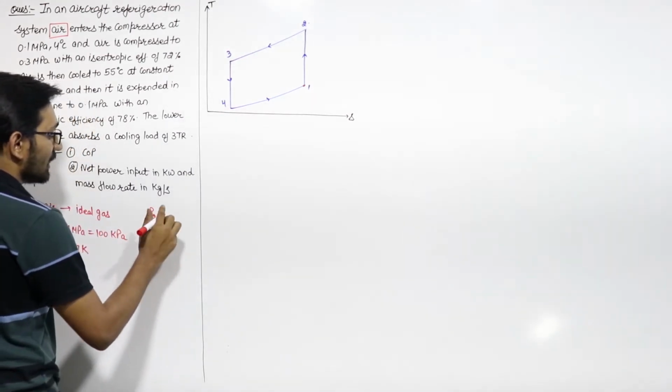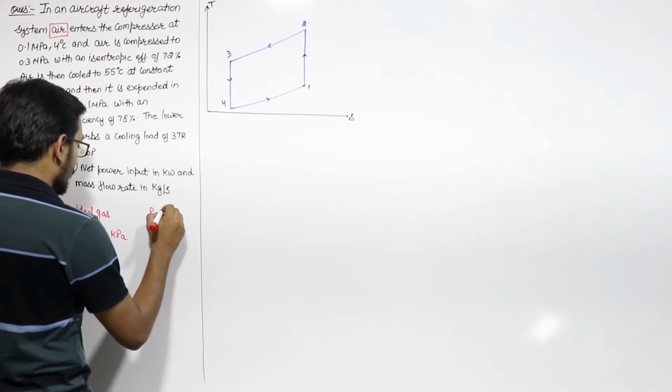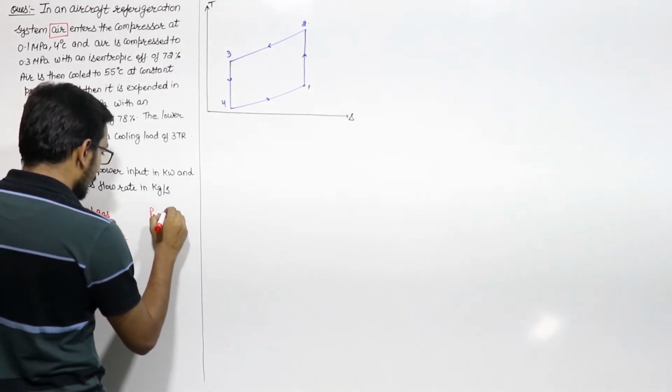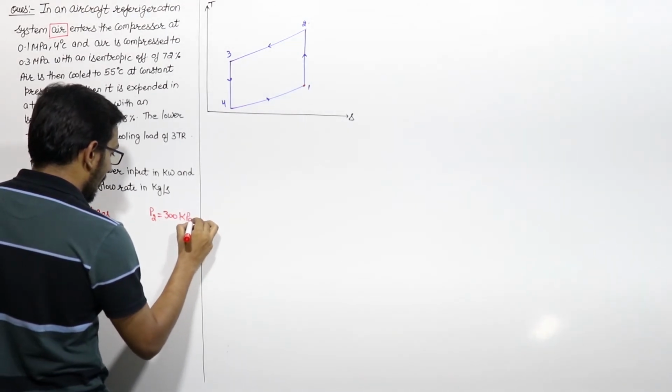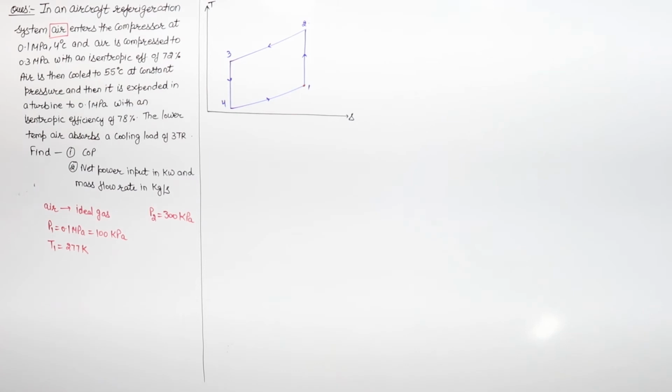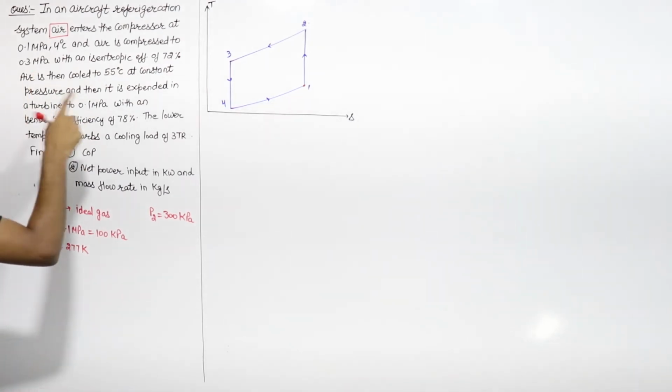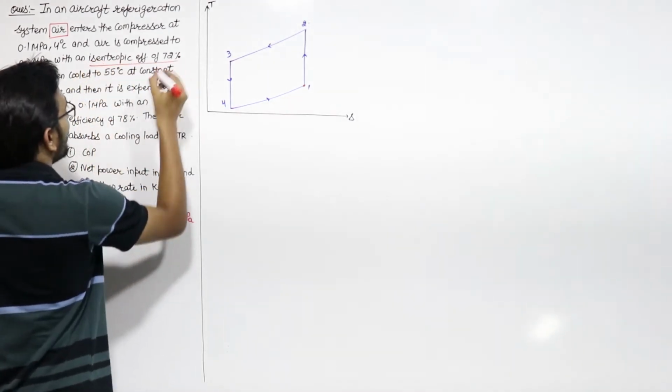If I convert it into kilopascal, this will be 300 kilopascal. P2 is 300 kilopascal with an isentropic efficiency of 72%.